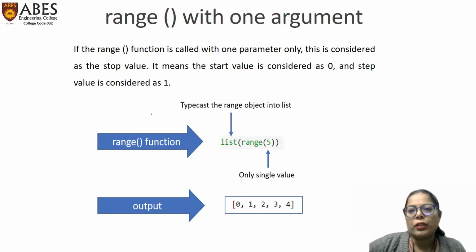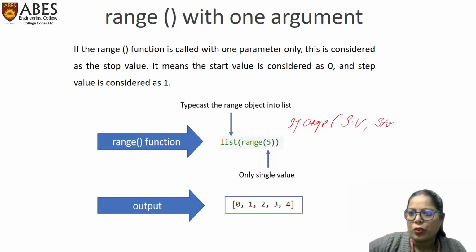I already explained that we have three parameters with the range: a start value, a stop value, and then a step.